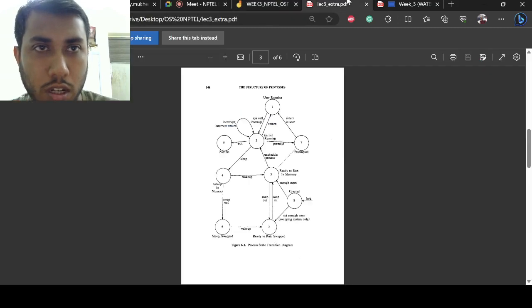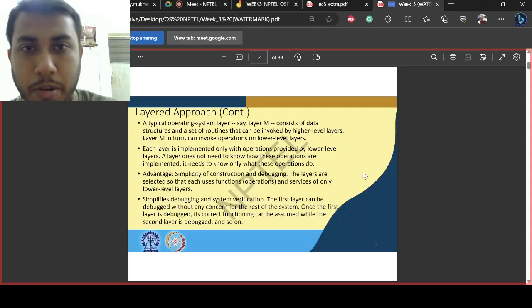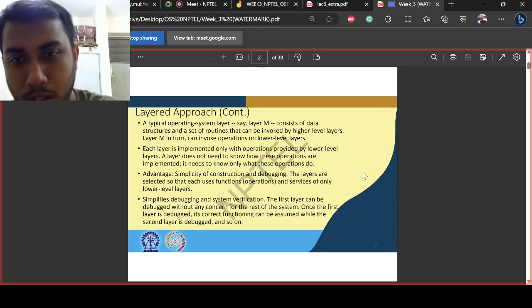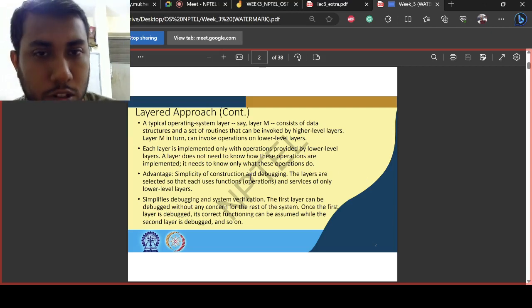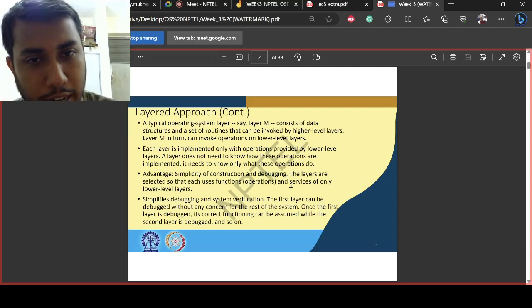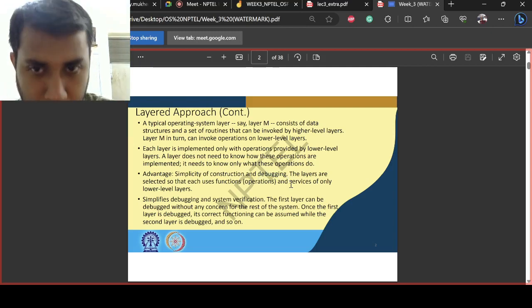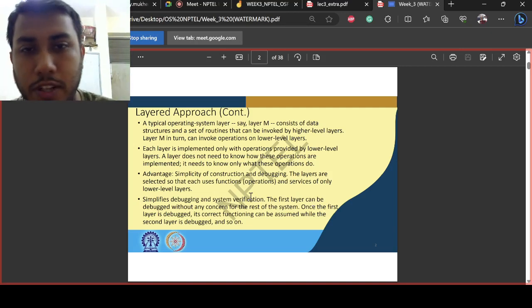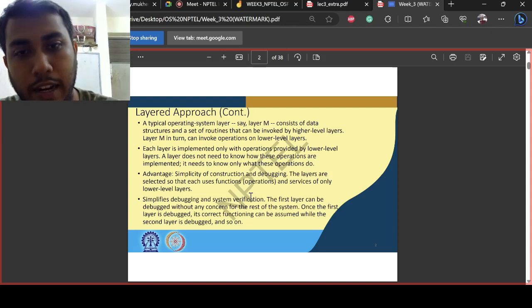In a layered approach, each layer is implemented with operations provided by lower level layers, just like a C program where you are writing modular code. The advantage is simplicity of construction and debugging, like I said. It simplifies debugging and system verification. To find where the system has gone wrong, you can check only one layer, and then the other layer, instead of going through all of it at a time.